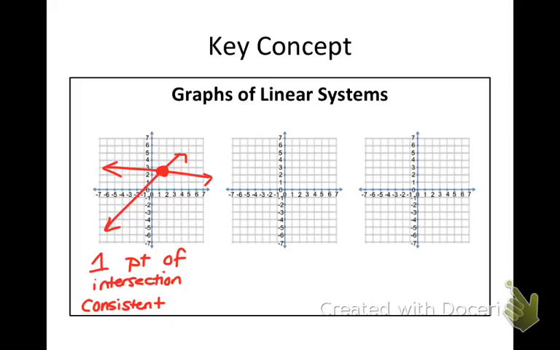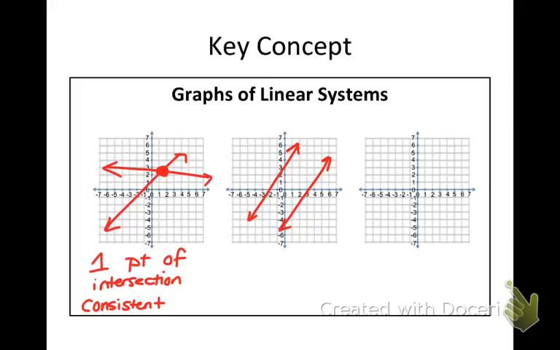Okay. Well, what happens if your lines don't intersect? So we have parallel lines. Notice that didn't look very parallel. Do you have any solutions? No. So what do we say if we don't have any solutions? No solutions.